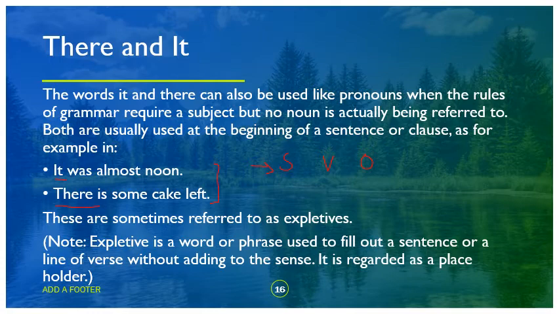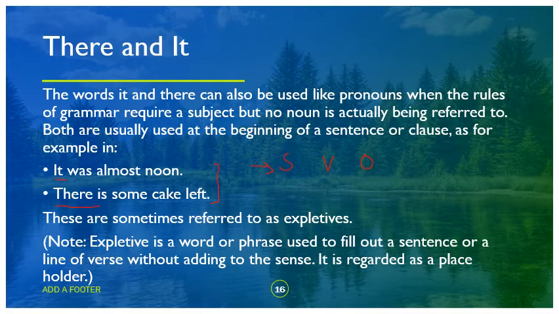So, like I told you, the most common sentence structure is subject, verb, and object. Both these examples are complex cases, and here the first example is referring to the time, and the second example is referring to the cake that is left in a plate.